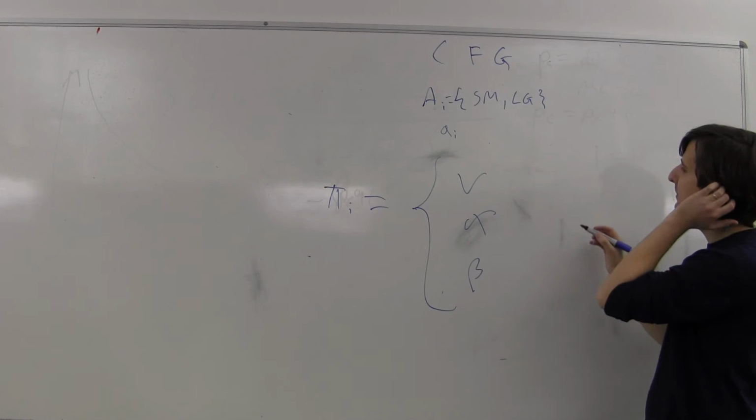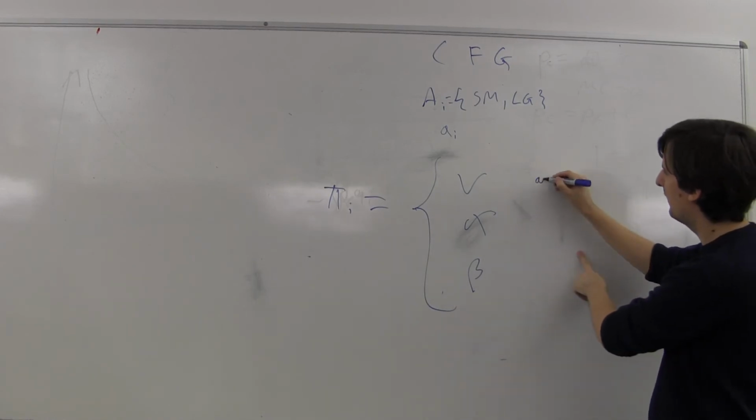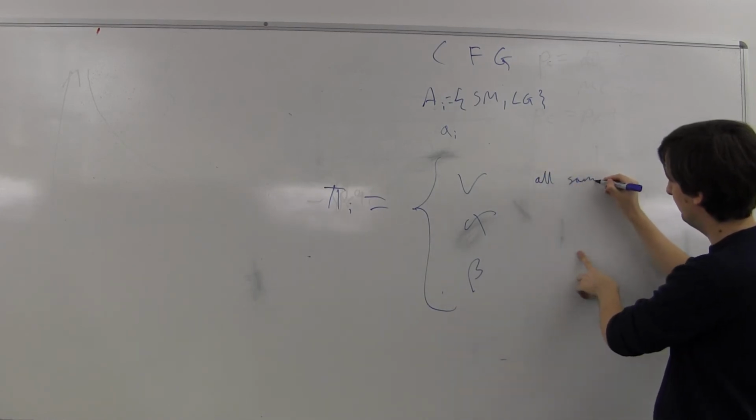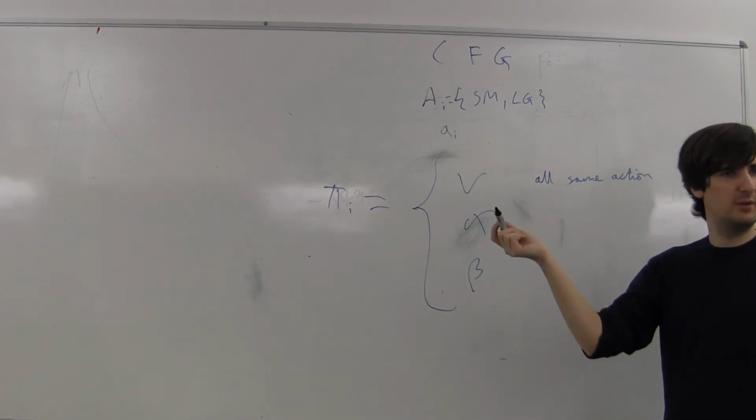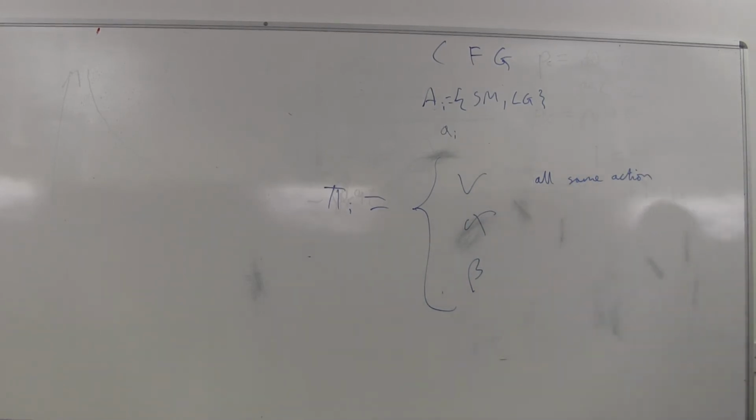They're gamma if everyone does the same thing, so either everyone produces a small car or everyone produces a large car. They're alpha if firm i produces a large car but everyone else produces a small car, or if firm i produces a small car but everyone else produces a large car.